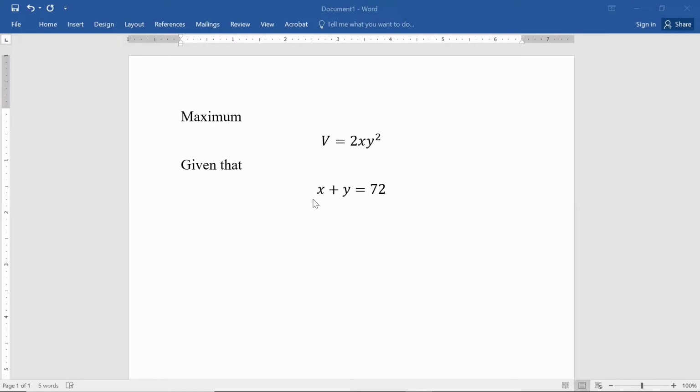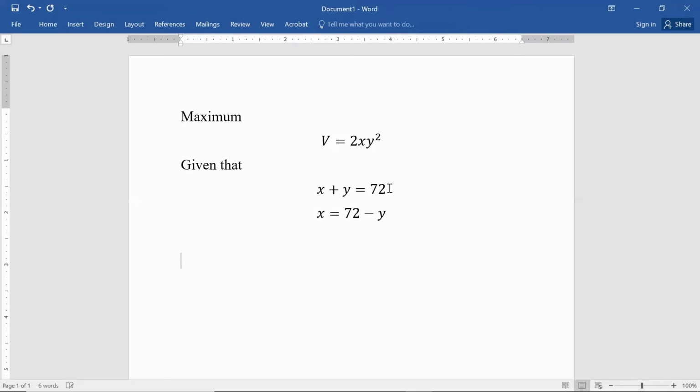So I use my constraint equation to substitute out one of the variables. In this case, let's subtract y from both sides. I end up with x equals 72 minus y.